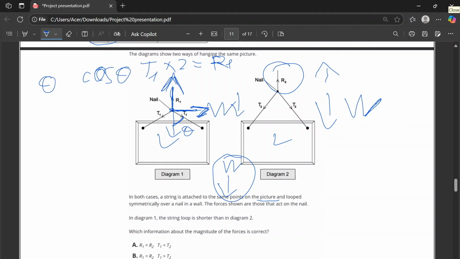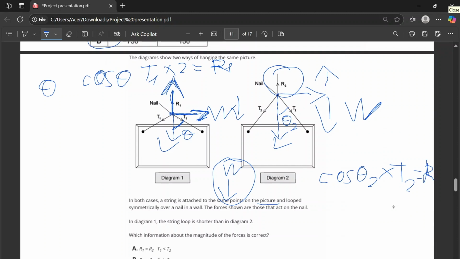Now it's time for the second one. As you can see, this will be the same for the second one. With theta 2, there are two components also, but in this case cosine theta 2 times T2 will be equal to R2. R1 and R2 are equal to each other, so in this case the angles are playing a huge role.